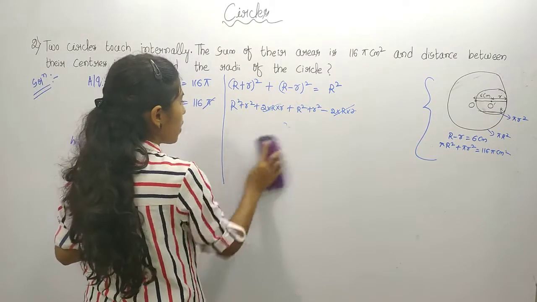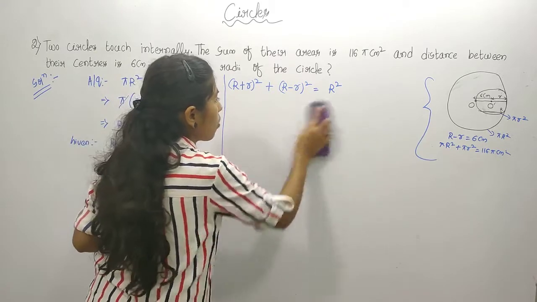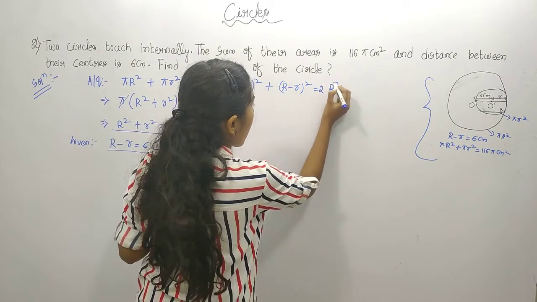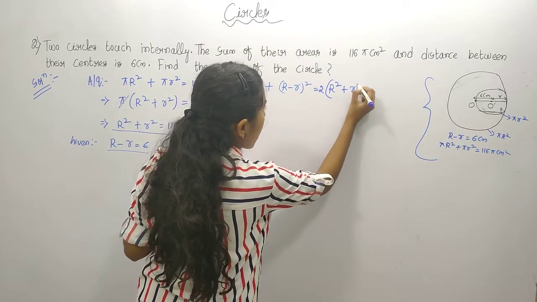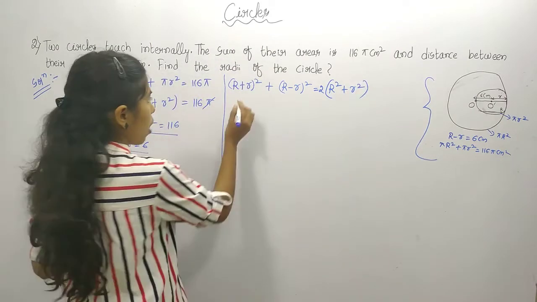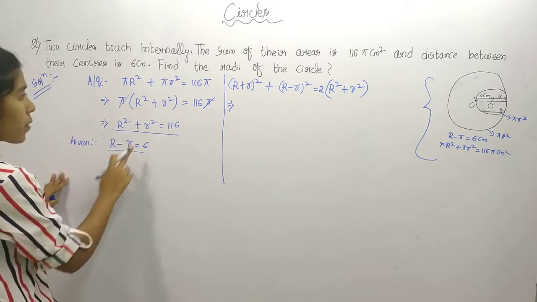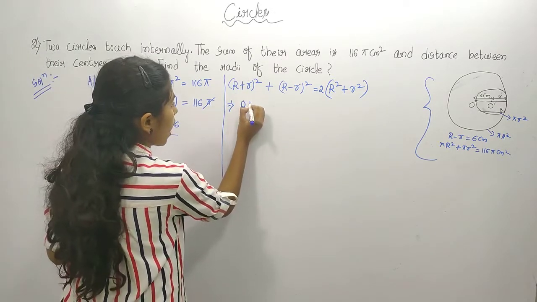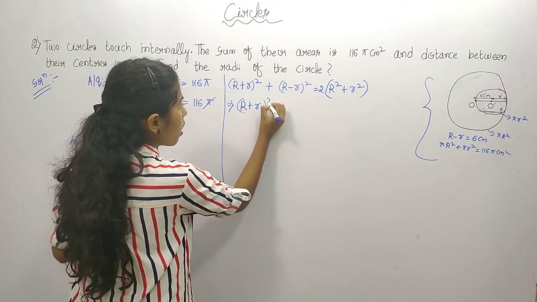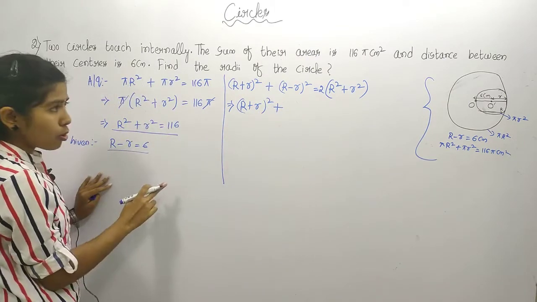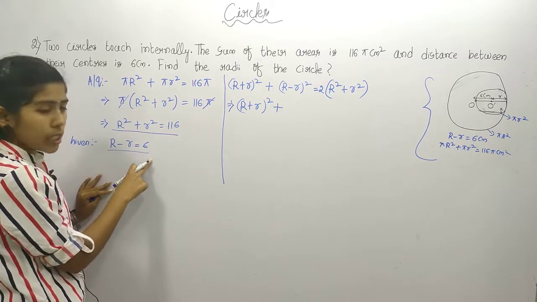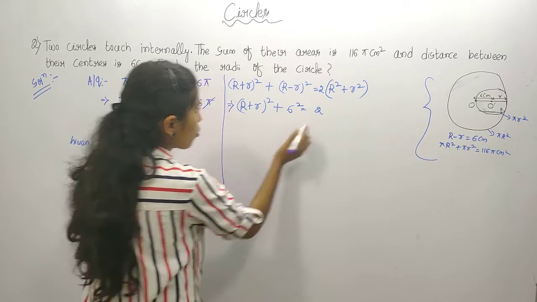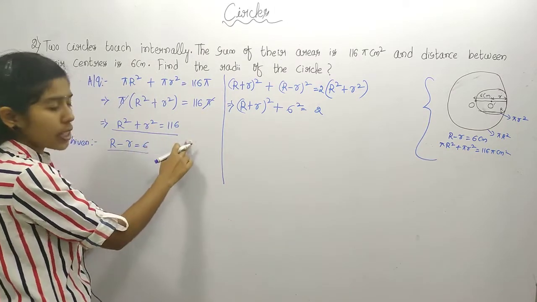So what will happen? We got 2 into R square plus r square. Now you see, R plus r whole square is not there here. So we have to find R plus r whole square plus R minus r whole square. You know R minus r is 6. So 6 square equals 2 into R square plus r square, which is 116.